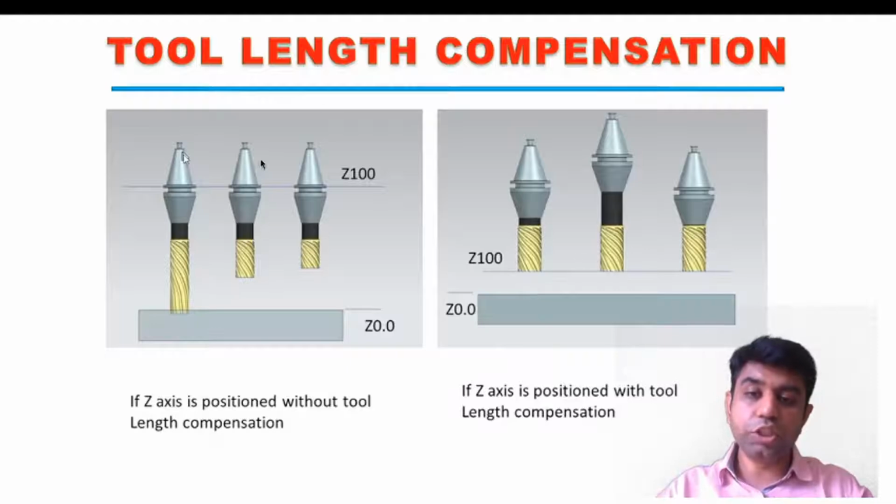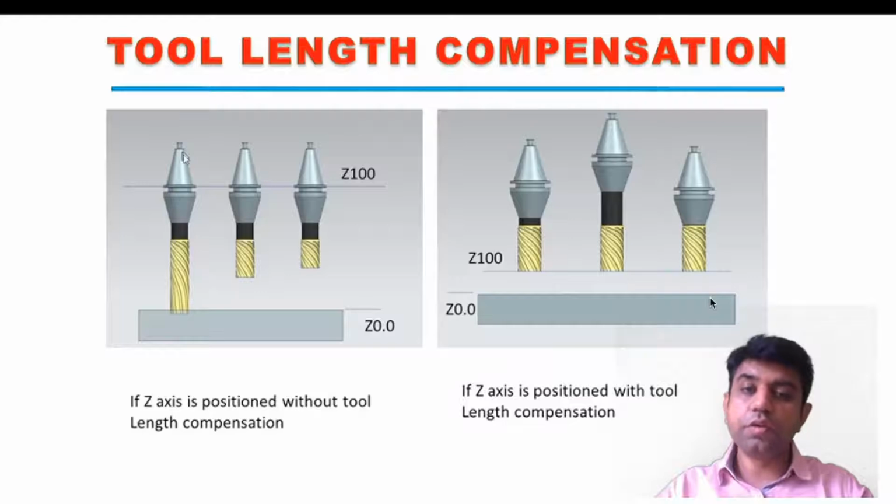Then you change the tool and give the tool length compensation command along with that height, and the tool will automatically set at 0 position. It will come downward and touch the top surface of the workpiece when you give that particular command. Same way, if the third tool height is still less, then also if you give the tool length compensation command, it will touch the surface of the workpiece.